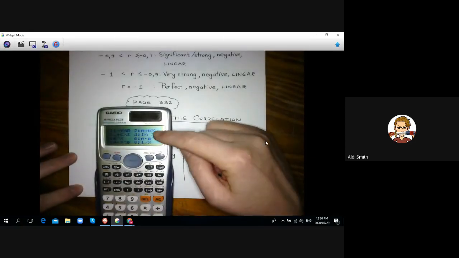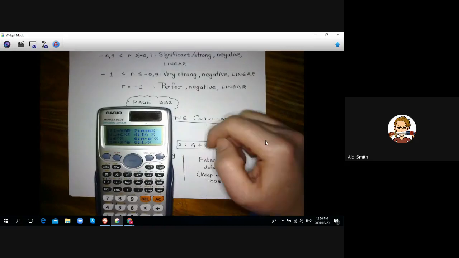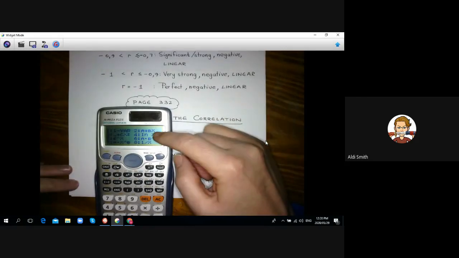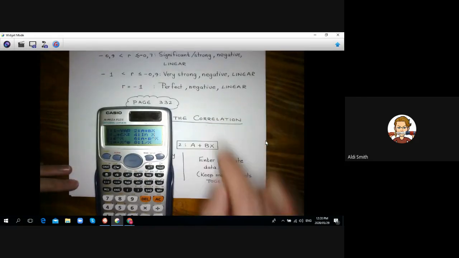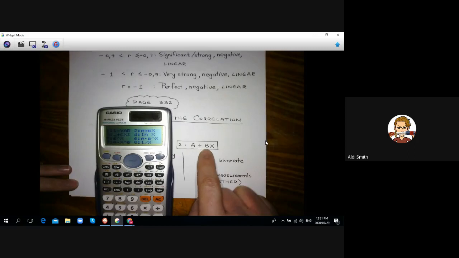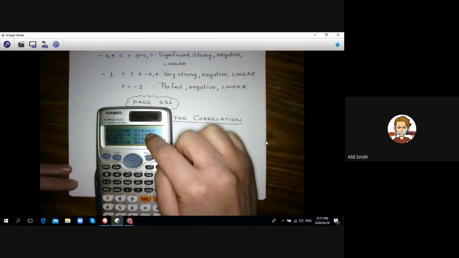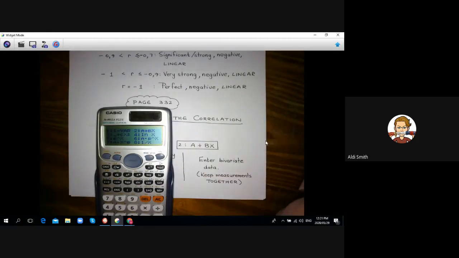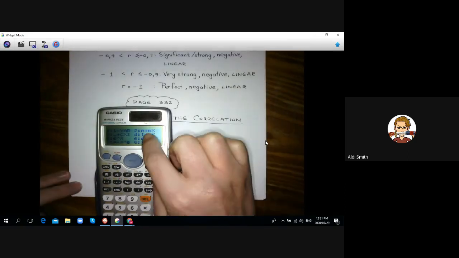And I want you to look at that button number 2. It doesn't say bivariate data. But what it does say is a plus bx, like I've written over there, a plus bx. Now that a plus bx, we'll talk about it just now, is the equation of a straight line. Y is equal to a plus bx. It's the same as saying y is equal to mx plus c.